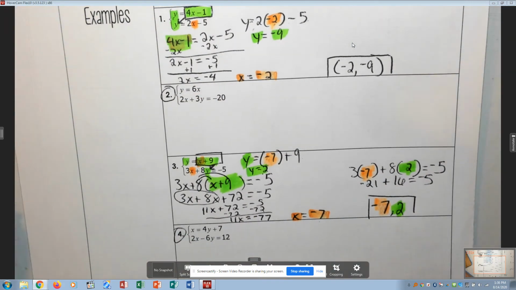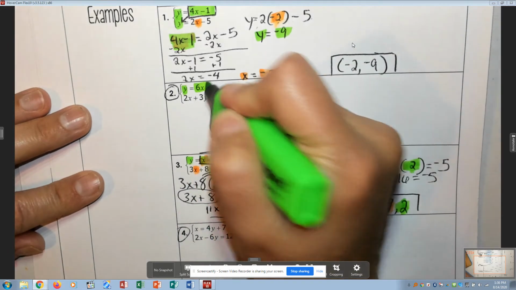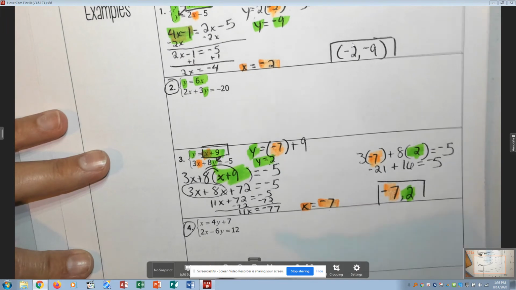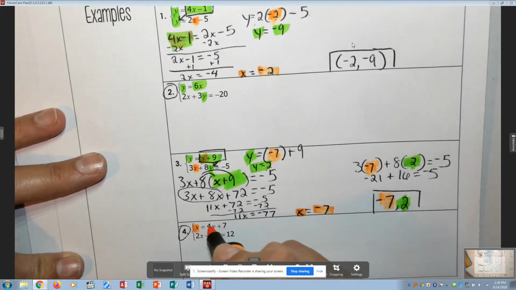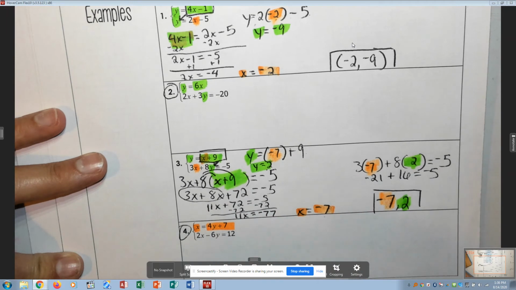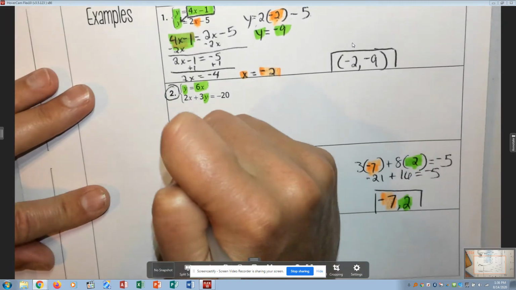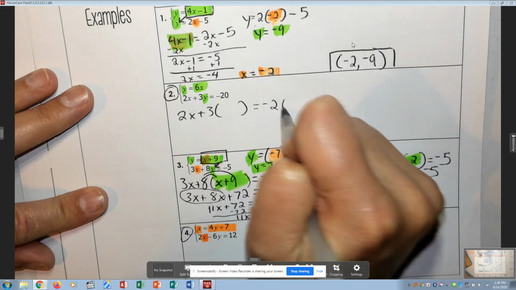I'm going to get you started here. So if y is equal to 6x, plug it in for y. Here, they give us x. Our naked variable is x. So if x is equal to this expression, plug it in for x. So I'm going to get you started. 2x plus 3y equals negative 20.